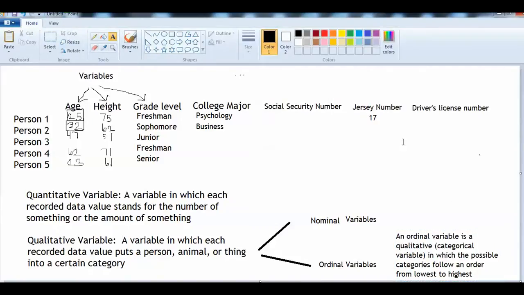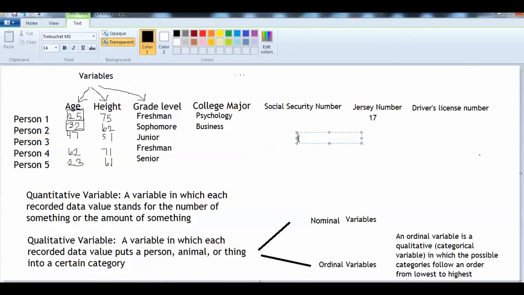Now, what are some examples? We could start with some examples that have to do with people. Grade level is an ordinal variable. What are the possible grade levels?